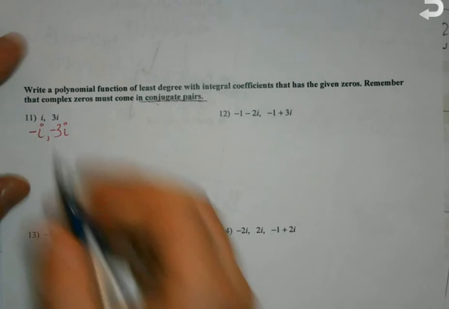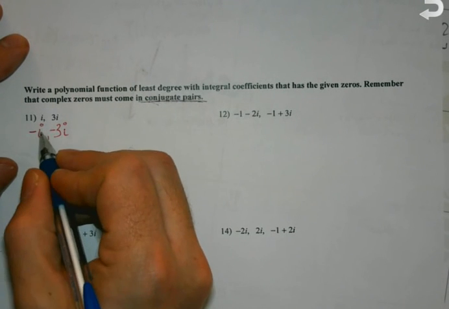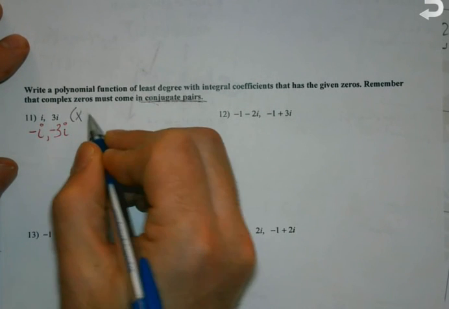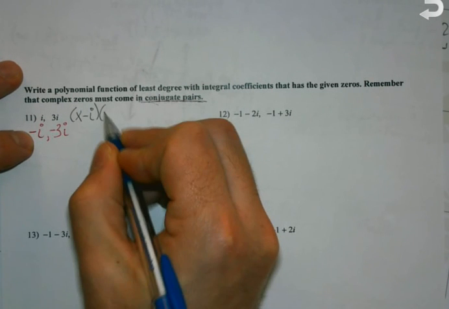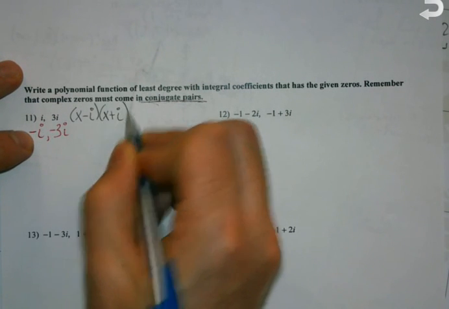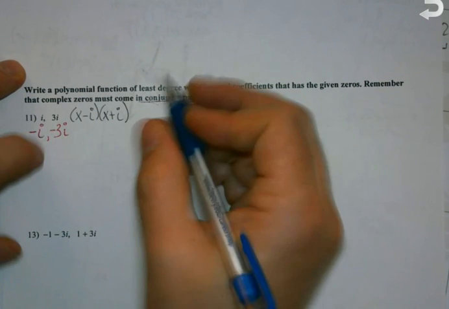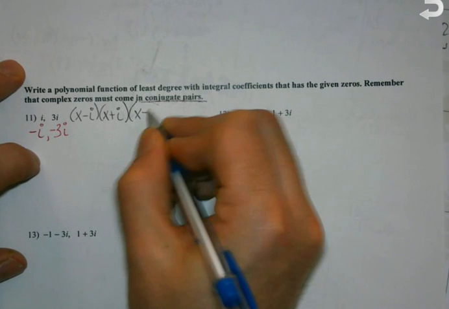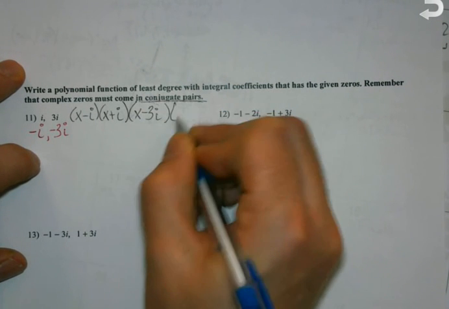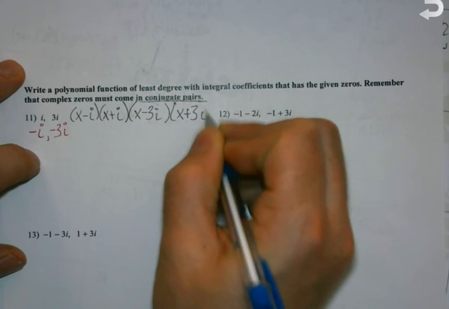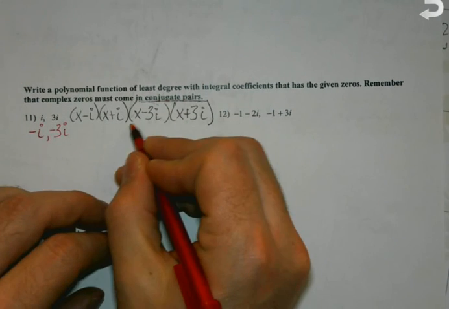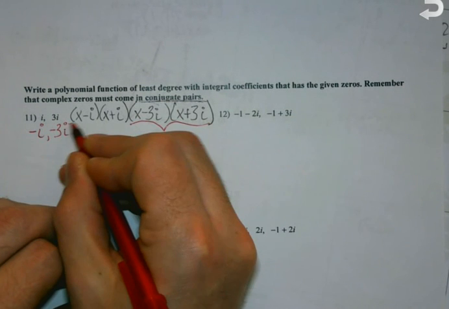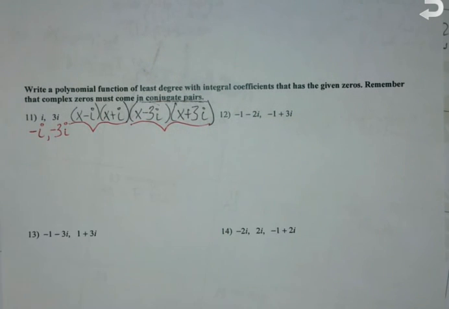Well, let's see. If I write these out, I have x minus i. So again, I'm changing the signs. x plus i. And the same thing with my 3i's: x minus 3i, x plus 3i. Whenever you're doing i's, you want to pair off the ones that are paired, because then the i is going to go away.